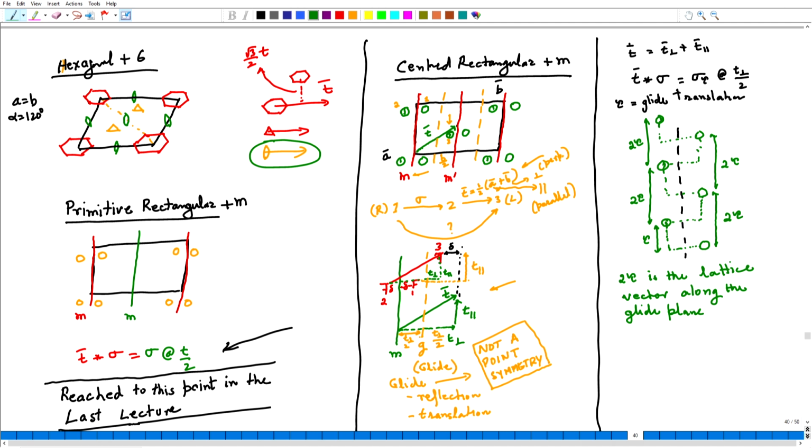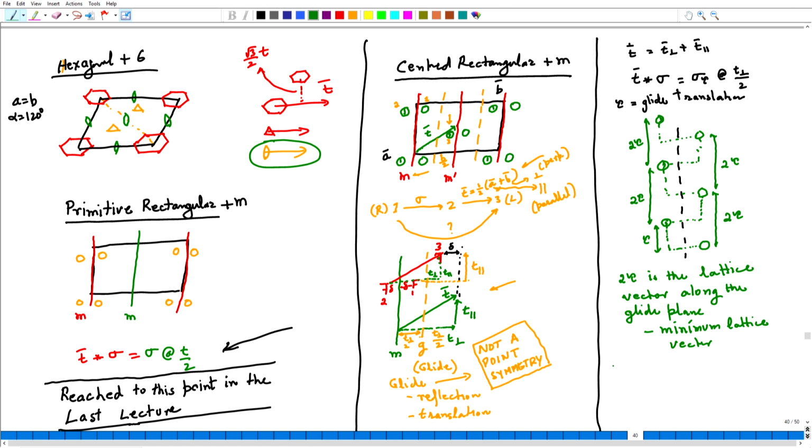And what is the magnitude of this lattice vector? This is the minimum, a minimum lattice vector, that is minimum magnitude. So, between lattice points, basically the adjacent lattice points which are running along the glide plane.